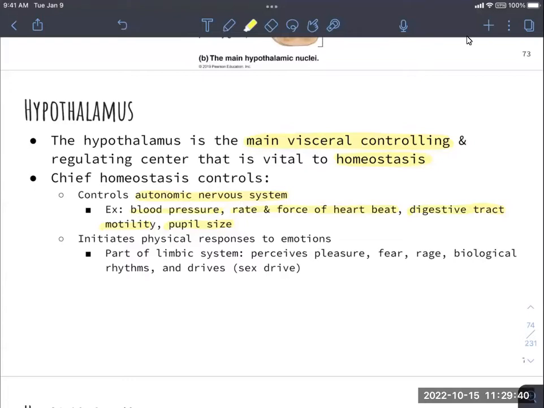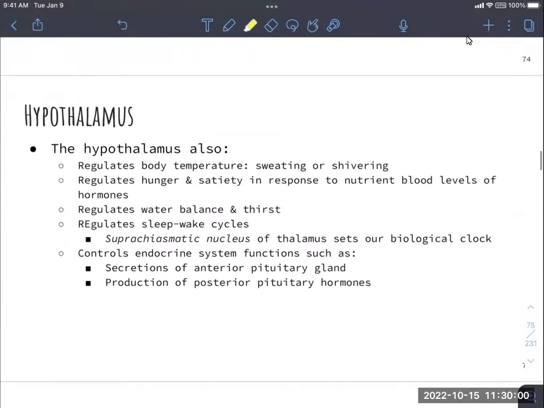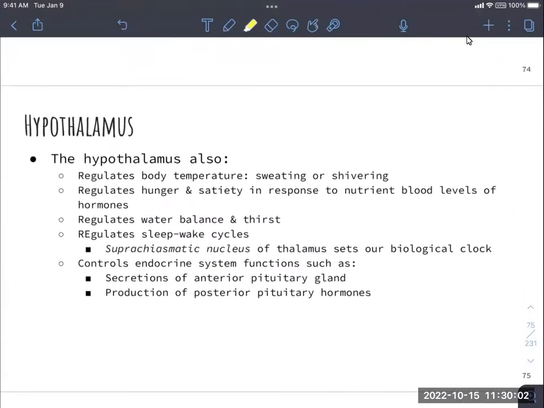But it also initiates responses. Pleasure, fear, rage, even your biological rhythms and your sex drive all come from that hypothalamus. We talked about homeostasis, so of course it's got to regulate the body temperature. Hunger, satiety, so when you're hungry, when you're full, that comes from the hypothalamus.